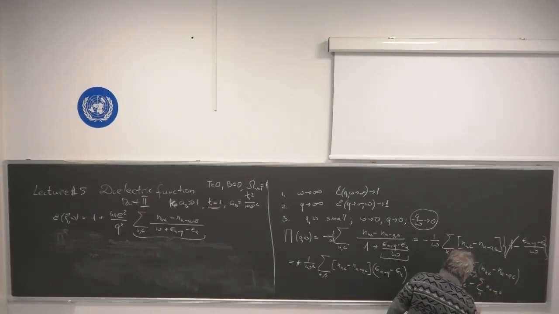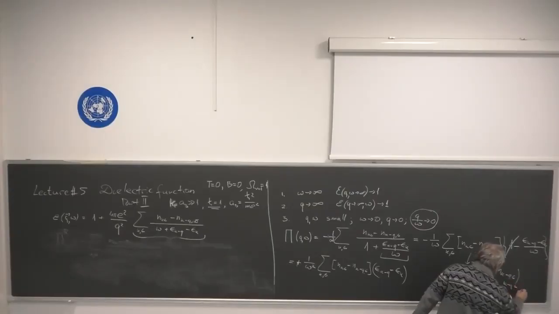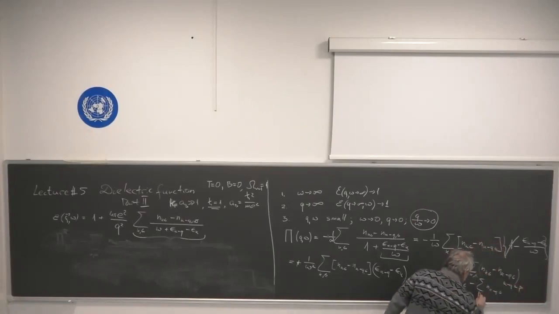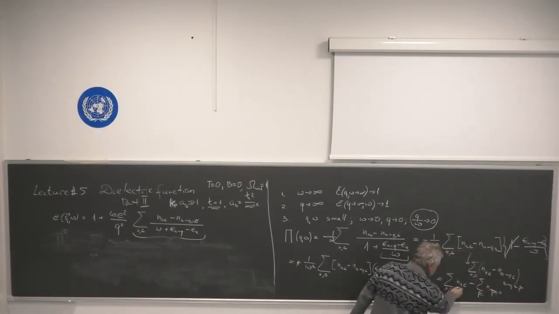In this term, I will take a new variable. This is a summation over all possible k's, 3-dimensional states. I will denote k minus q as whatever you like, p, and then I have a summation over all p of n p. So you see that k is a summation index, p is a summation index.